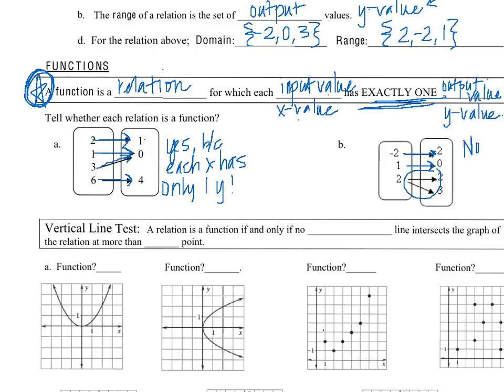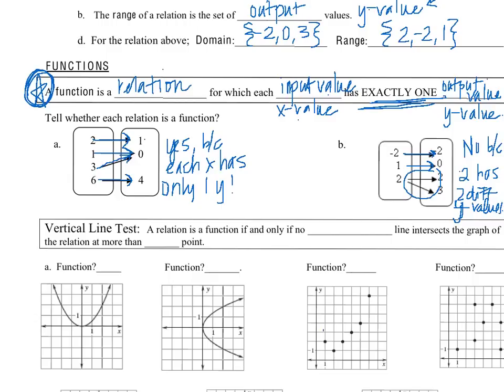And I would say something like, because 2 has two different y values. Okay, and I'm trying to fit that in. 2 has 2 different y values. Or you could say 2 goes to both a +2 and a -2. Something like that where you're looking at it this way. Okay.